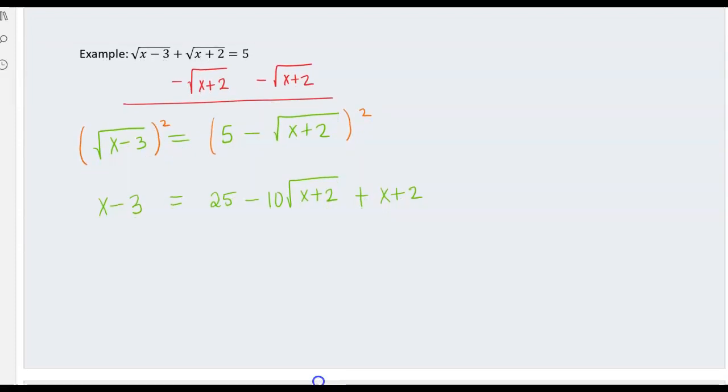Now we're going to start the process over, move everything away from the square root symbol onto the left-hand side. So I'll subtract 25, subtract x, subtract 2.